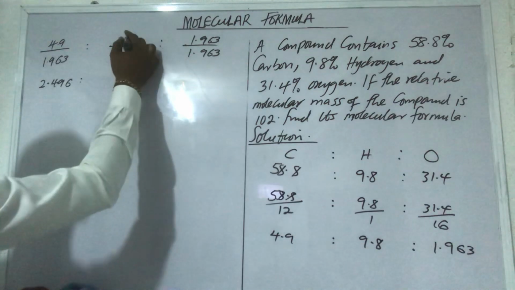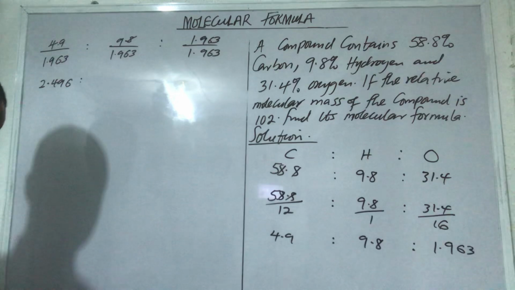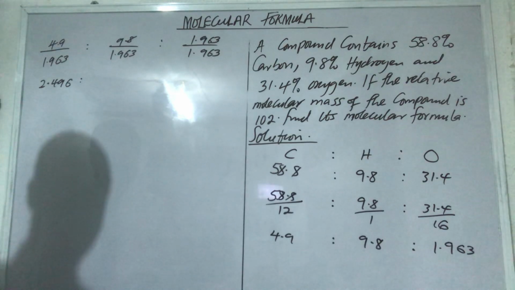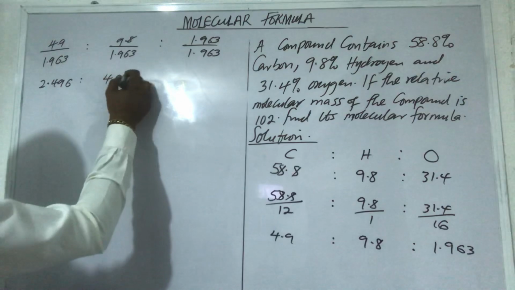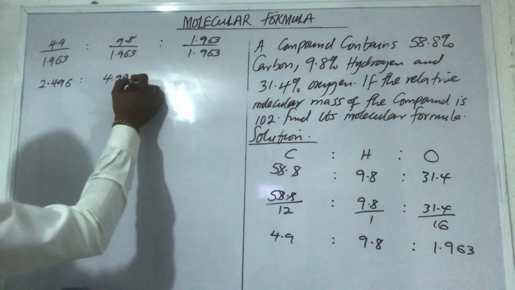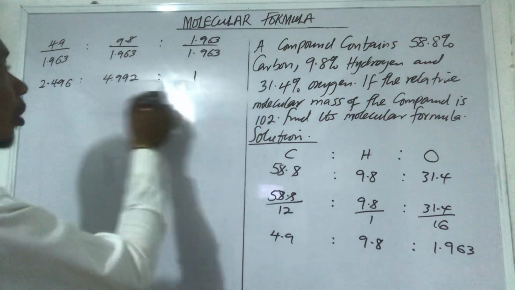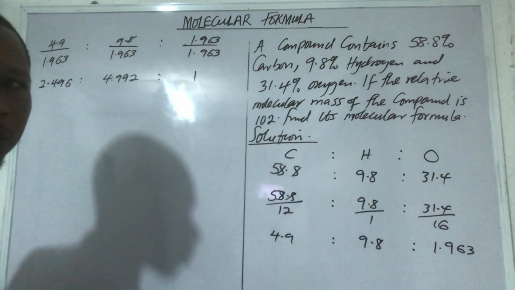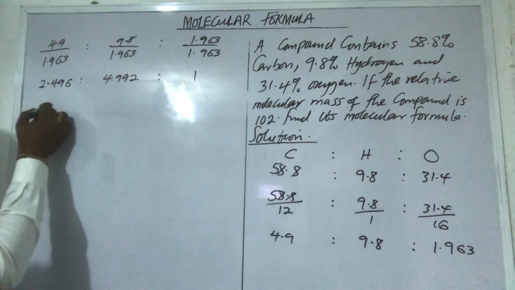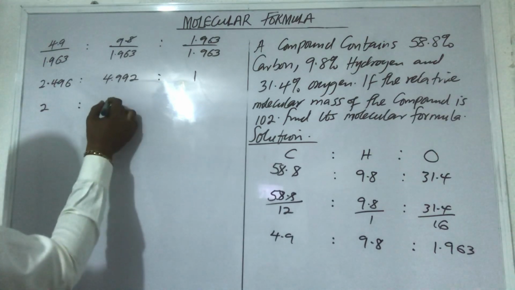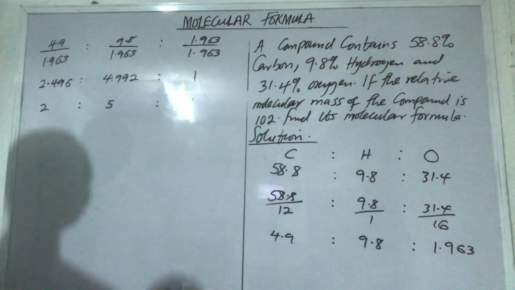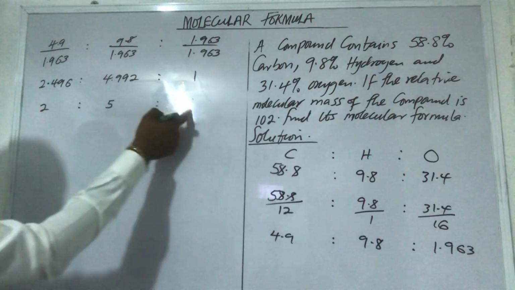Then 9.8 divided by 1.963 will give me 4.992, ratio 1. Then approximate to the nearest whole number. So this will be 2, 5, ratio 1. So you have 2, 5, 1.